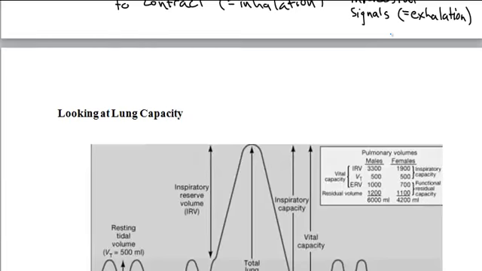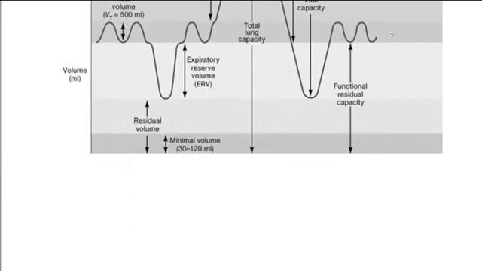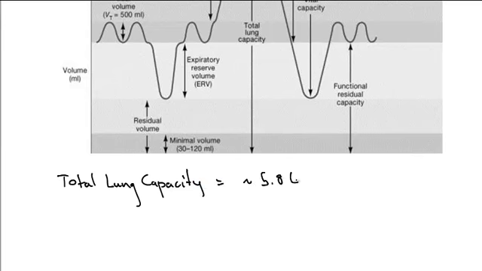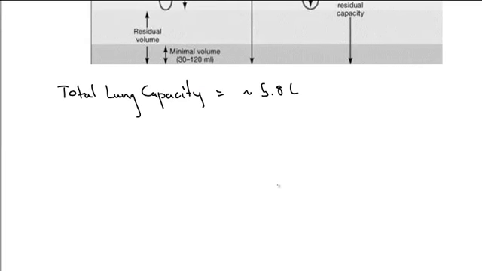The last thing we need to take a quick look at is just lung capacity. Your total lung capacity, in theory, for most adults, is approximately 5.8 liters, but we never use all of this.